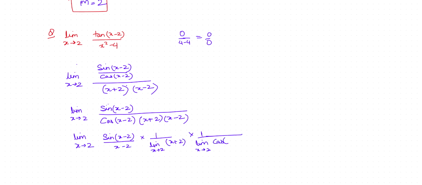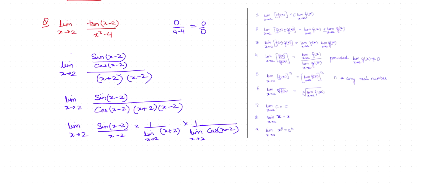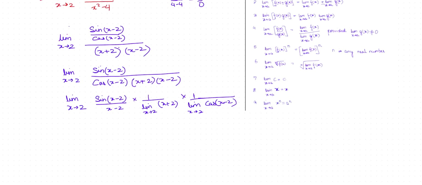I've used the properties we learned in the last class. So now this is the limit as x tends to 2 of sine of x minus 2 over x minus 2. This will be 1. But to explain more, I can explain it here.